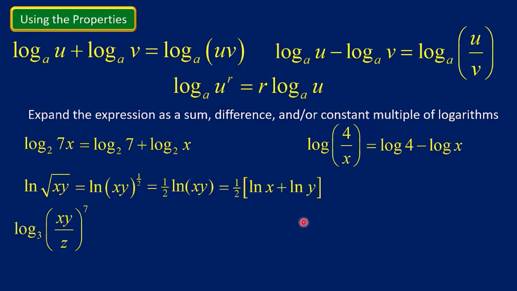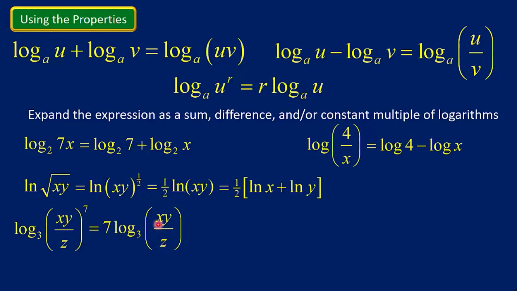Okay, let's look at this one. Here's another one. Once again, we've got that exponent. We've got to take care of that first. So I want to bring that around front, like that. Now, I'm going to expand this, and here's the deal. If you have something on the bottom, like this z, there's going to be a minus in front of that log.